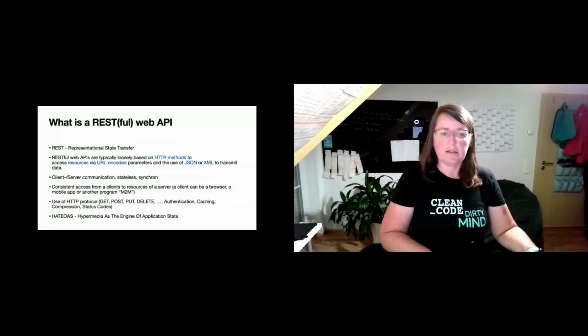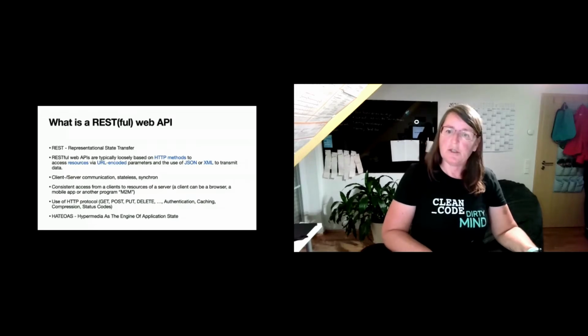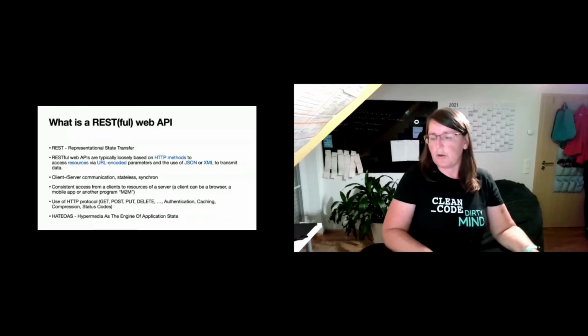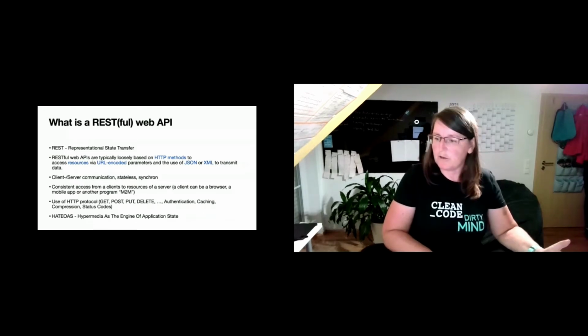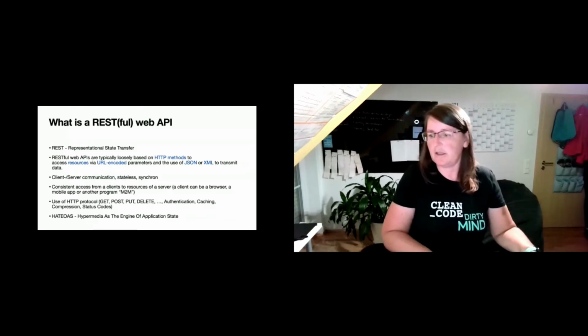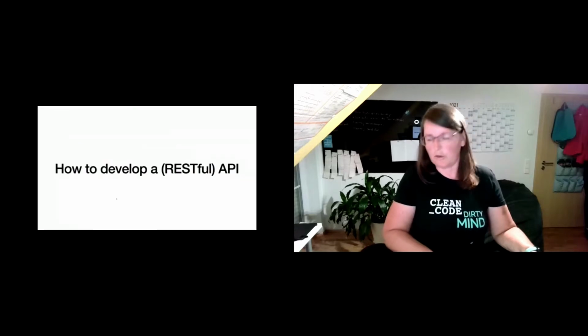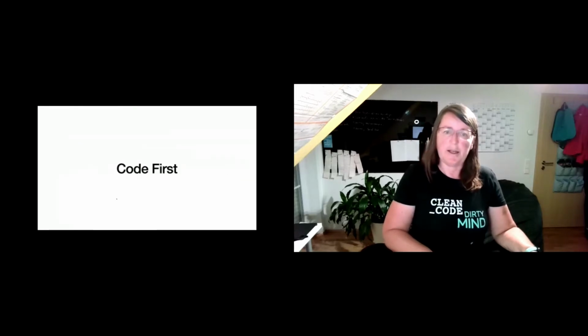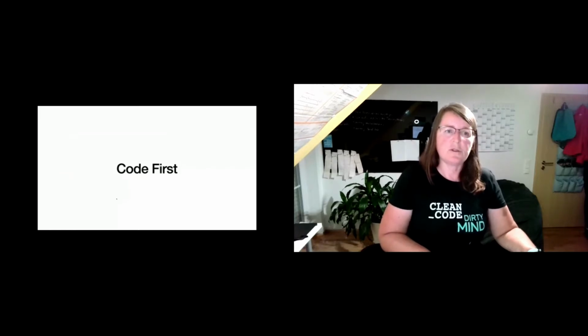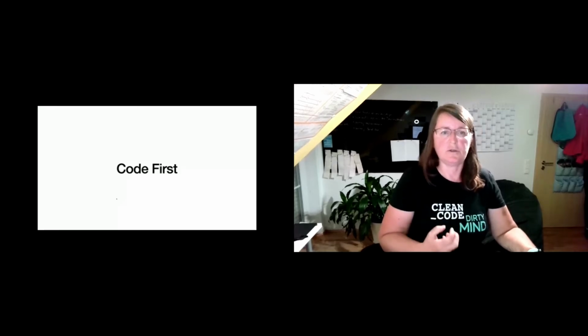So actually, how do you develop a RESTful API? You can have two approaches. One is code first, and the other one is API definition first or contract first. The code first approach is based on you have source code which contains the API, and this source code is the single source of truth.